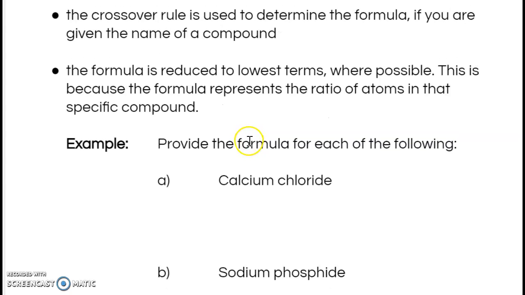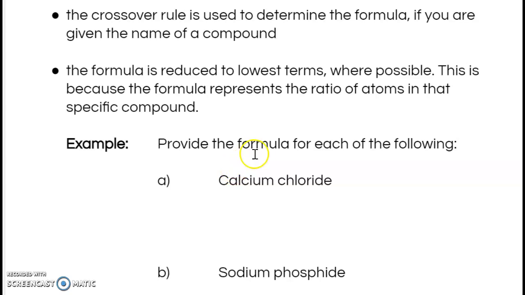So it's just a ratio. Remember, sodium chloride has a 1-to-1 ratio of sodium to chloride. Magnesium fluoride has a 1-to-2 ratio of magnesium to fluoride. So it represents that ratio, and that's really important to remember.